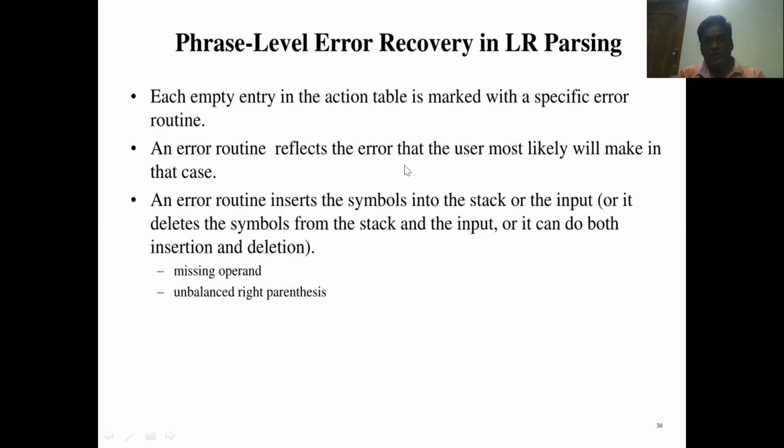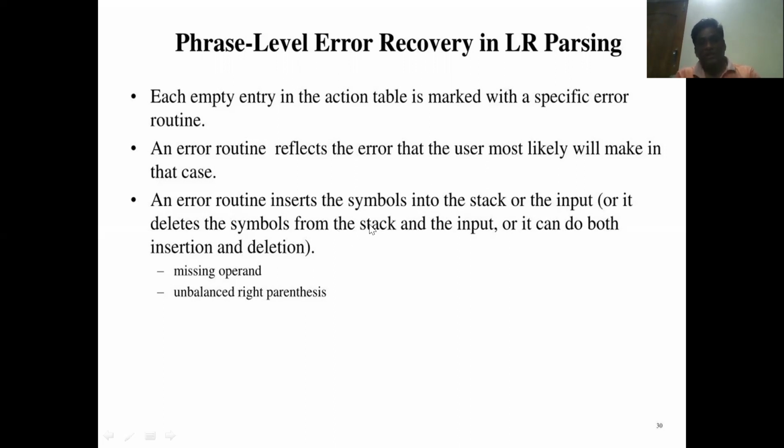What are the possible cases and all? The error routine simply makes a local fix. That means it replaces some symbols with another symbol in order to correct the corresponding error. So it inserts symbols or removes symbols in the stack or in the input, or maybe performs both of them.